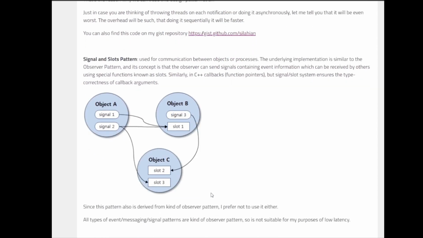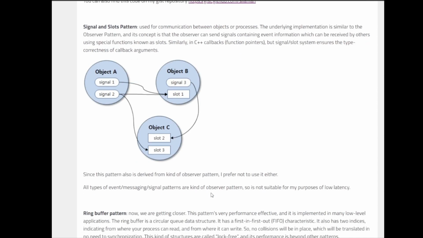The second, better pattern as compared to that is the signals and slots pattern. Generally, it is used to communicate between different objects or different processes. The underlying implementation is somewhat similar to the observer pattern we just saw.